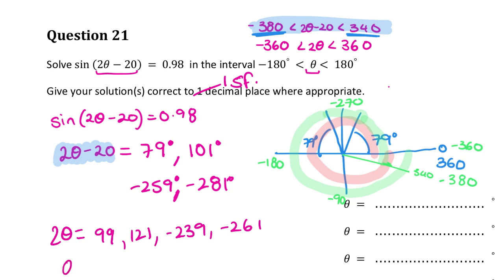And then to find theta, I need to divide everything by 2. Okay, so we're going to get 49.5, 50.5, minus 119.5, and minus 130.5. And these are the four answers.